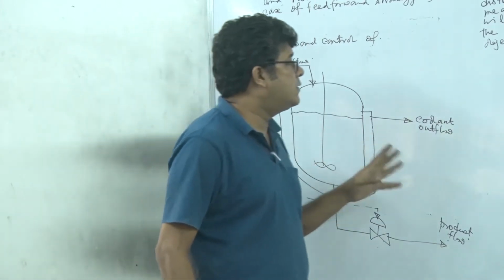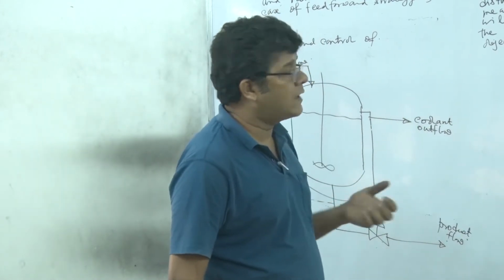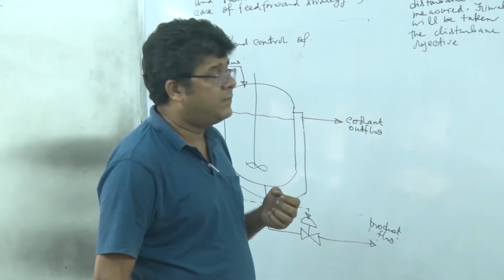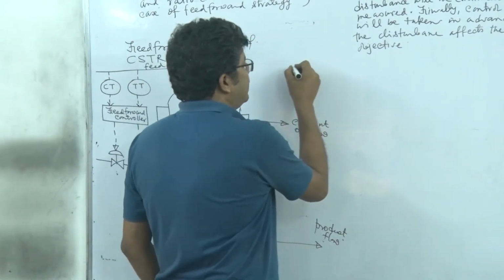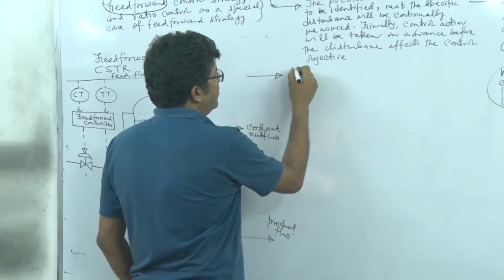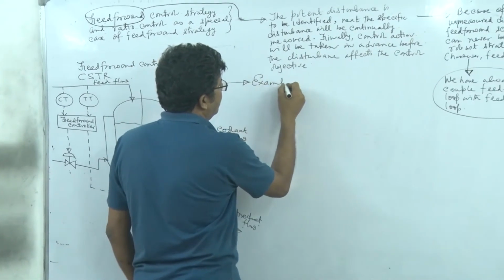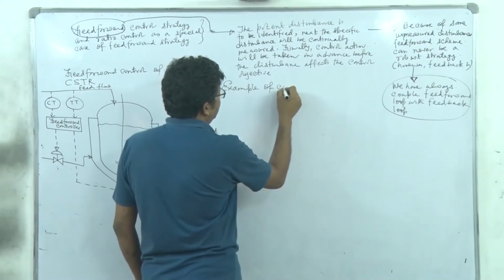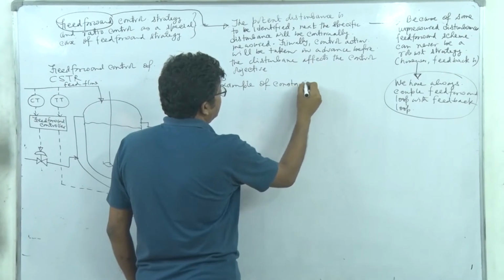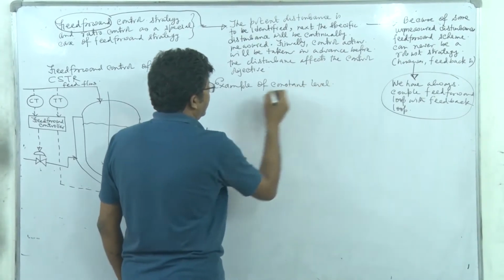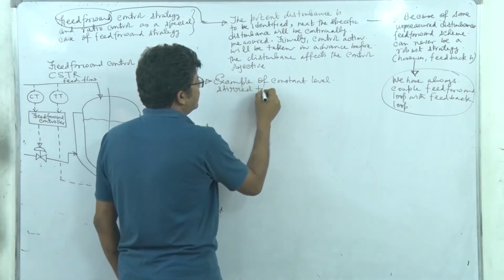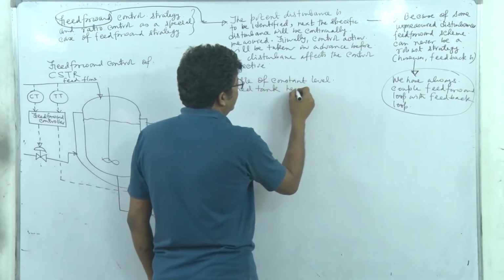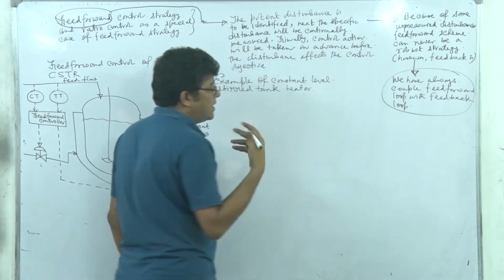Now coming to the design of feed forward control systems, we will try to demonstrate it with the example of the constant level stirred tank heater. We have used this example multiple times.